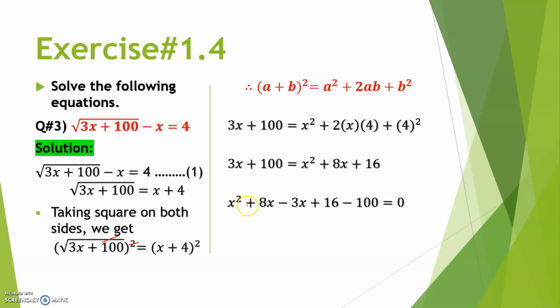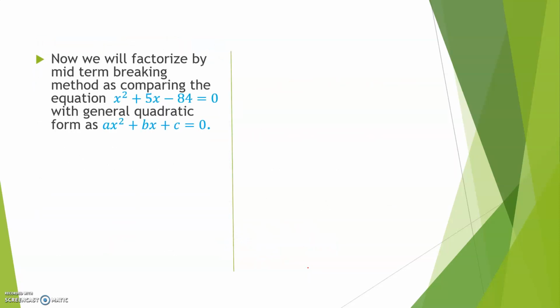Now we will get x square plus 8x minus 3x plus 16 minus 100 is equal to 0. After simplifying the like terms, we will get x square plus 5x minus 84 is equal to 0. This is the required quadratic equation in the standard form. Now we will solve this quadratic equation, that is x square plus 5x minus 84 is equal to 0, by using the middle term breaking method.